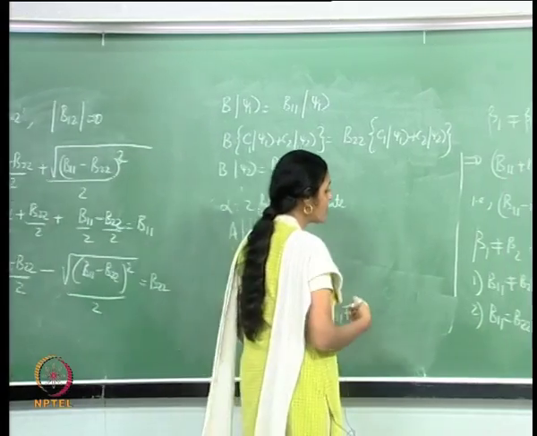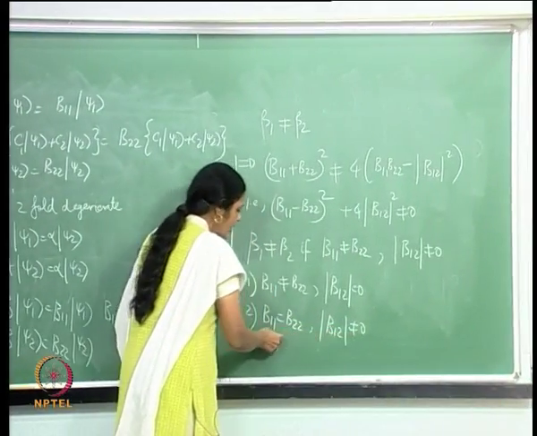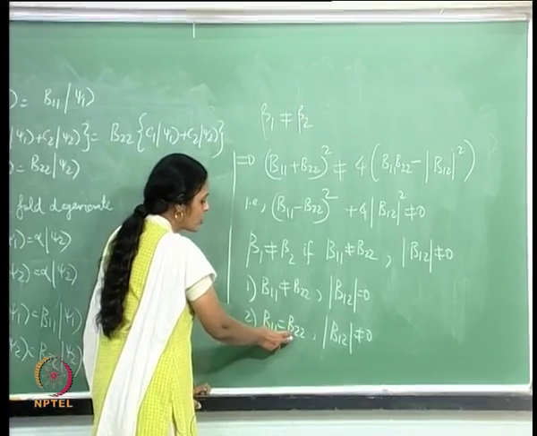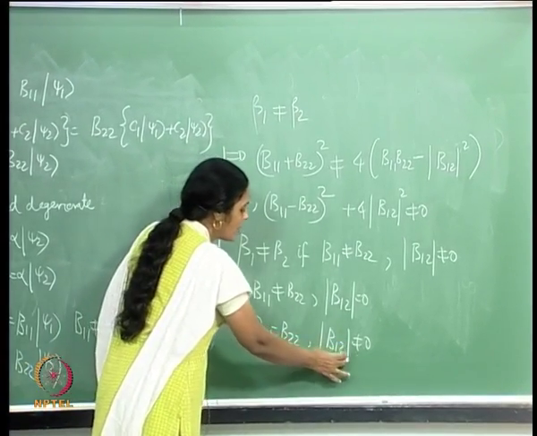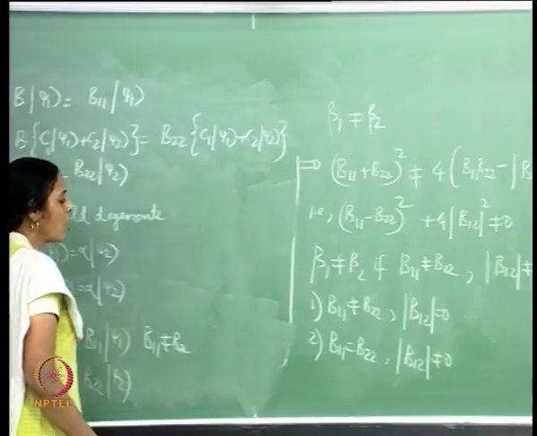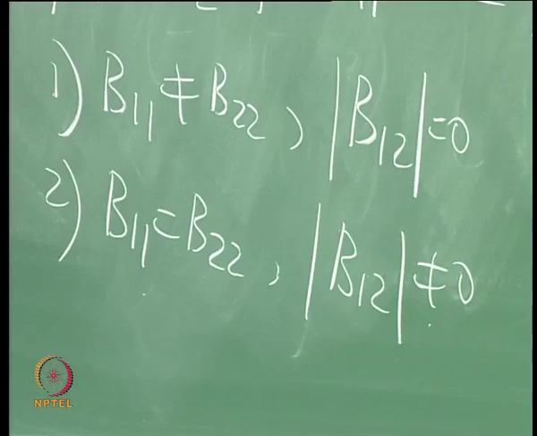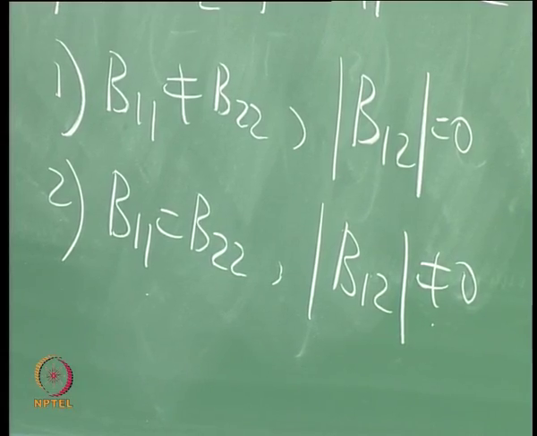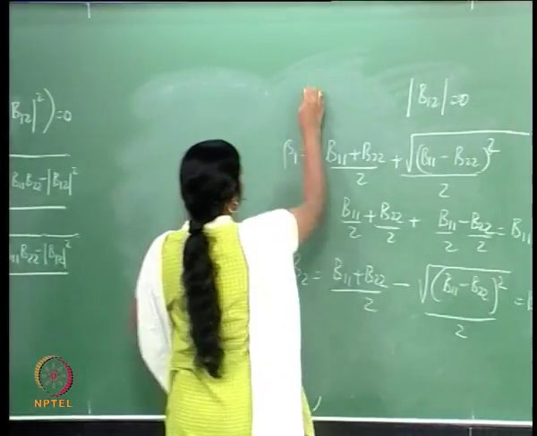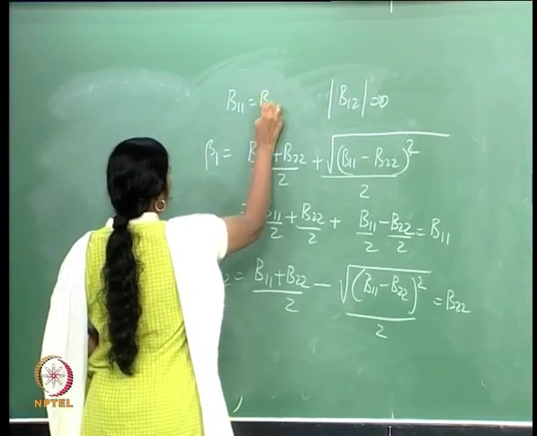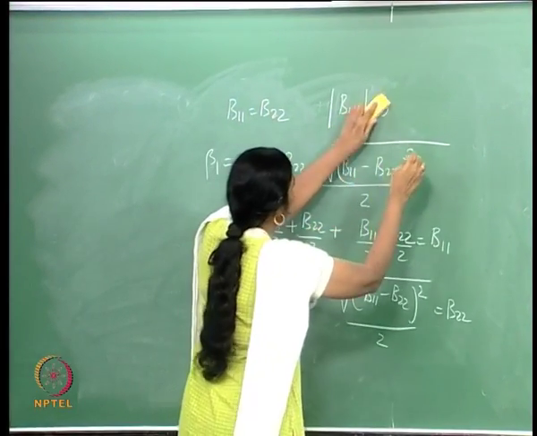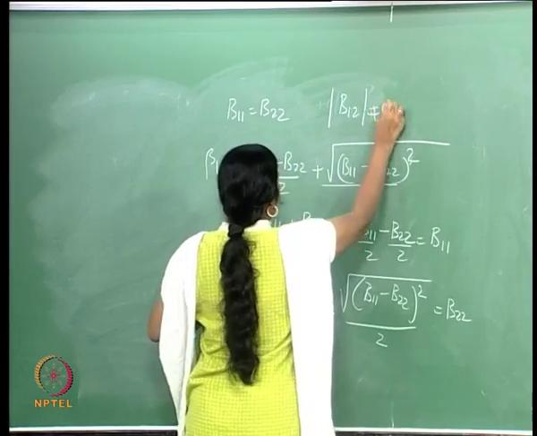Let us look at the last case, where B11 equals B22, but the modulus of B12 is not equal to 0. What is it that we get? B11 equals B22 and modulus of B12 not equal to 0.